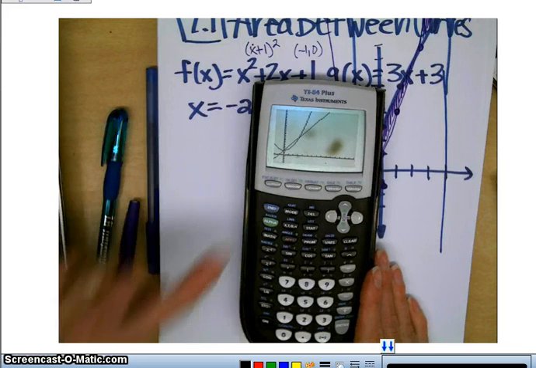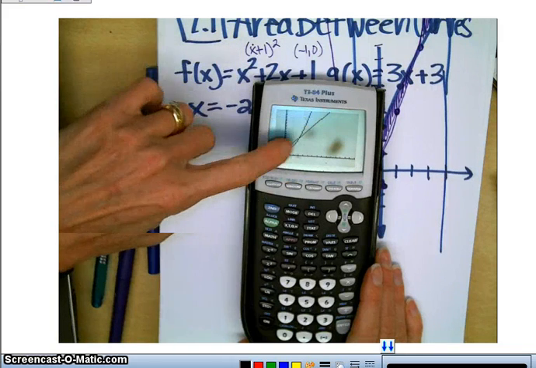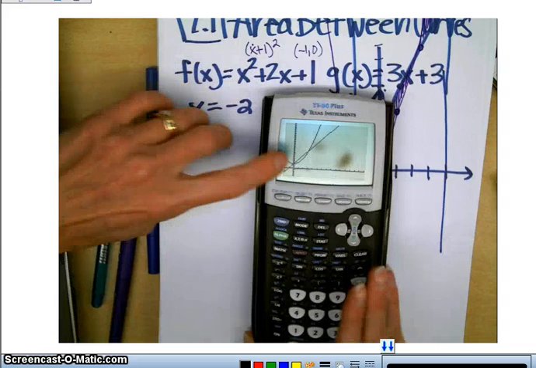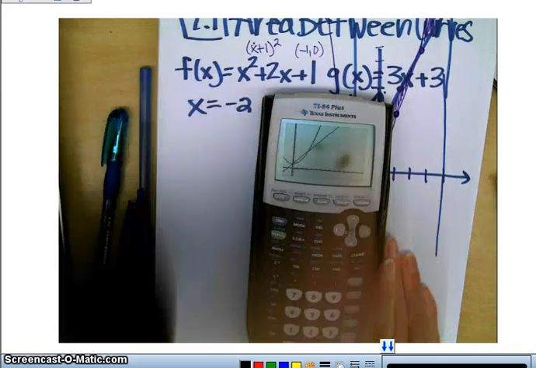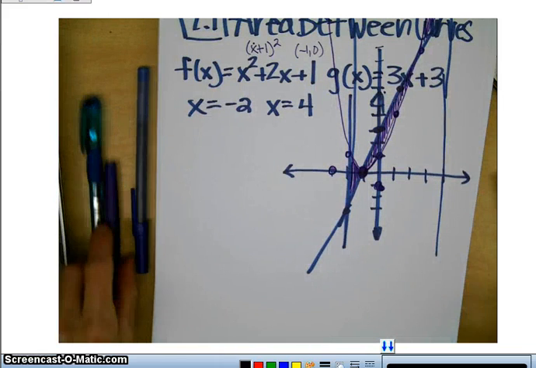You can see that this extends, there's more over here, and if you had that vertical line at 4, there would be another little section over here. So we basically have 3 little areas to find.